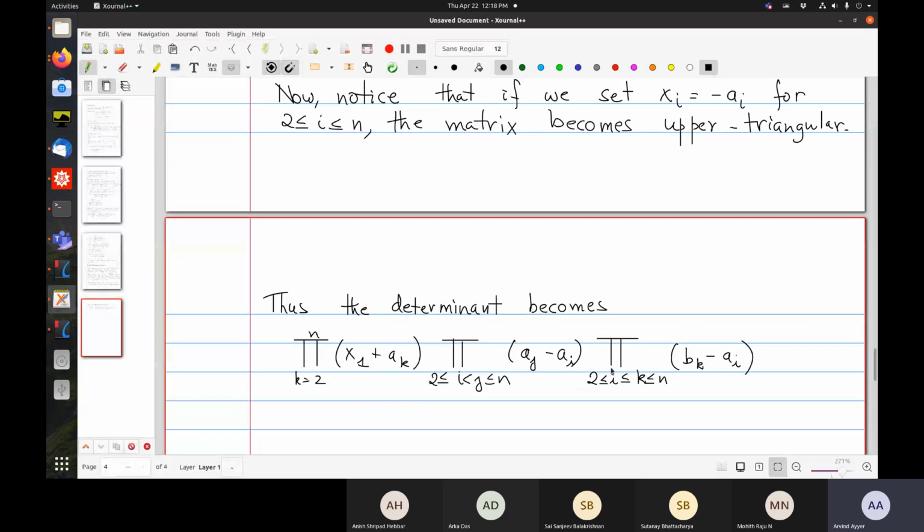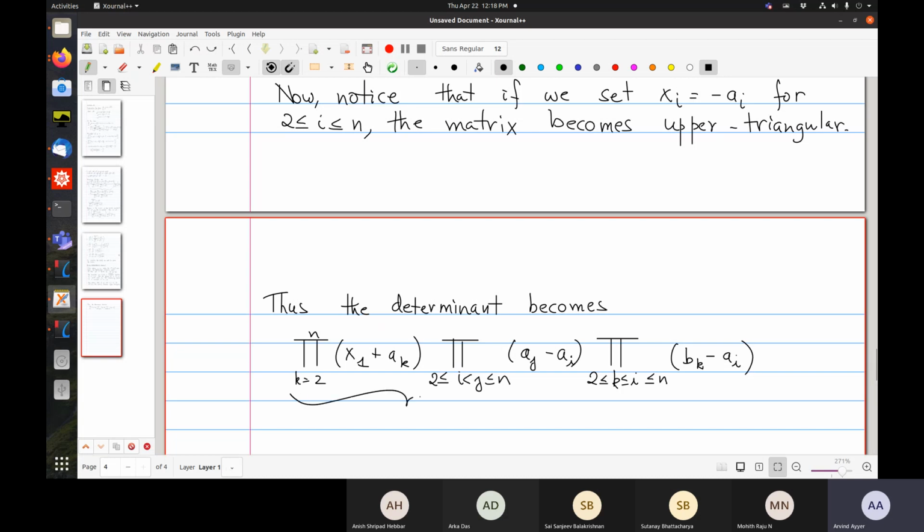No, sorry, I made a mistake over here. Just a second. Yeah, this should be the other way around. k is smaller. So bk minus ai.